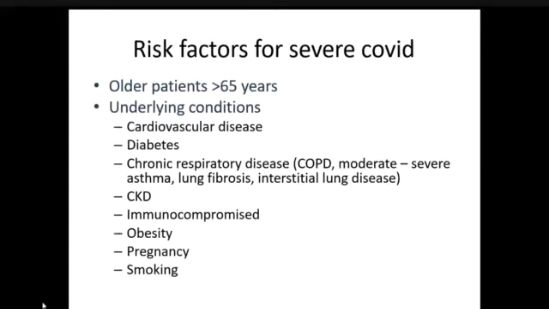The risk factors we consider for severe COVID are age more than 65 years, and patients who have comorbidities. The important comorbidities are cardiovascular diseases, diabetes, as you have mentioned, and chronic respiratory diseases. It can be either COPD or moderate to severe bronchial asthma, fibrotic lung diseases, interstitial lung diseases.